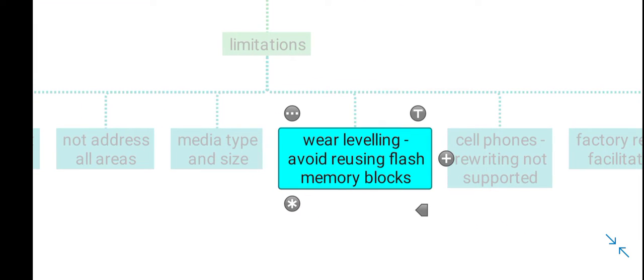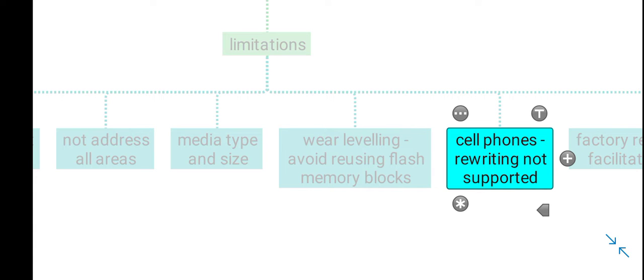Furthermore, certain media types, for example flash memory or SSDs, have a wear leveling mechanism to avoid reusing the flash memory blocks again and again. Due to this process, certain sensitive data is left on the flash memory even after performing the clearing.